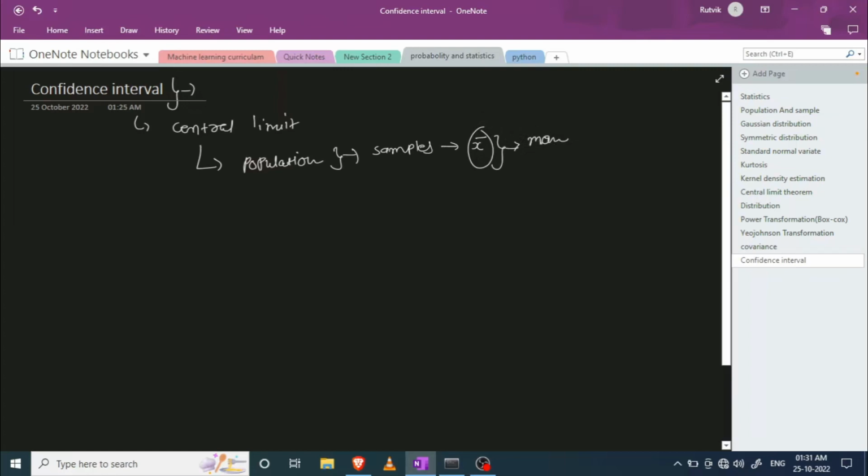But in the confidence interval, we are going to check how confident we are that our mean is true, that our mean is real for the population.